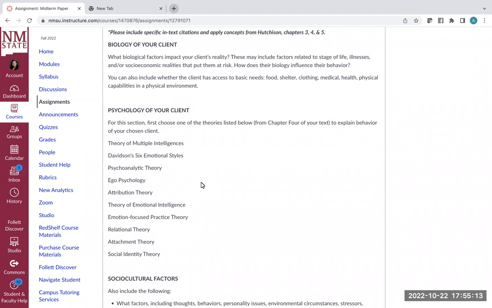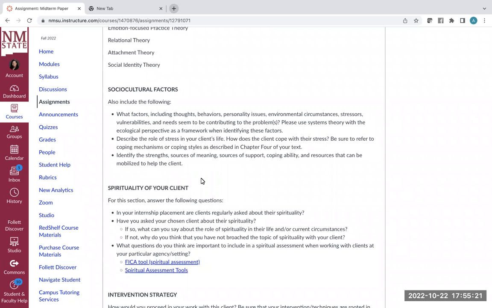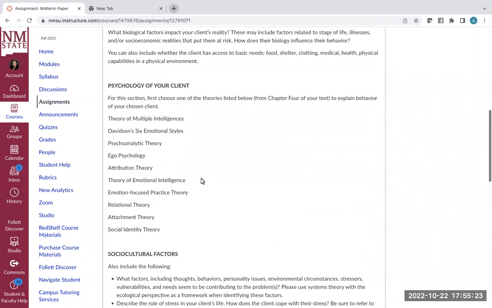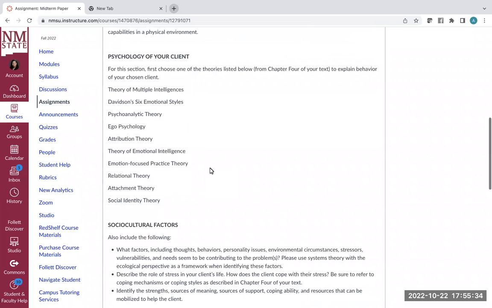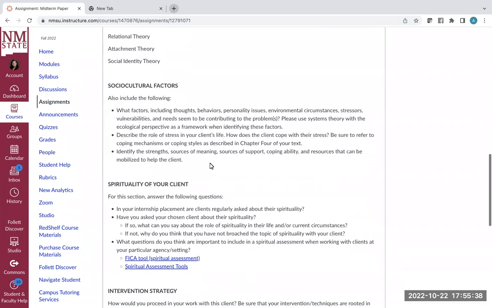You should cite the information and include the citation in the reference list. So this section is similar to the previous assignment that you did, in which you selected 2 theories to describe your client's behavior and then to provide an intervention.